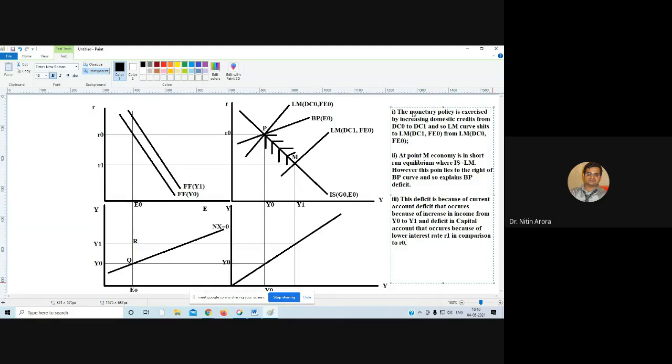Okay, so BP deficit is because of deficit in two accounts.